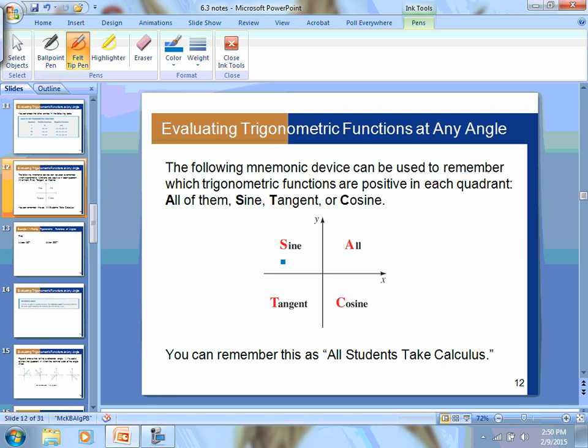Only sine and cosecant are going to be positive in the second quadrant. Tangent and cotangent are going to be positive in the third quadrant. And then cosine and secant are going to be positive in the fourth quadrant. Okay, so that's A, S, T, C. So that's all students take calculus. So we've been talking about that with the previous chapter as well to help you remember what trig functions are positive and negative. So it still applies for this section too.